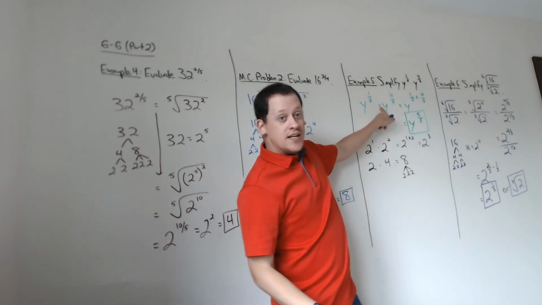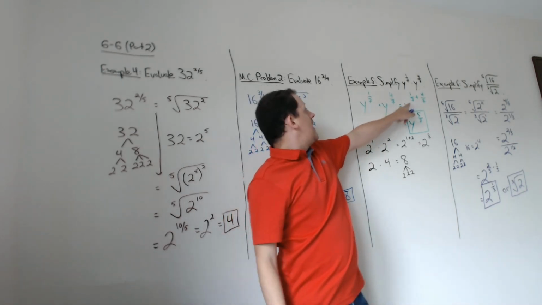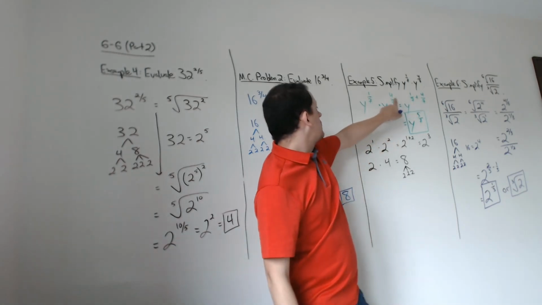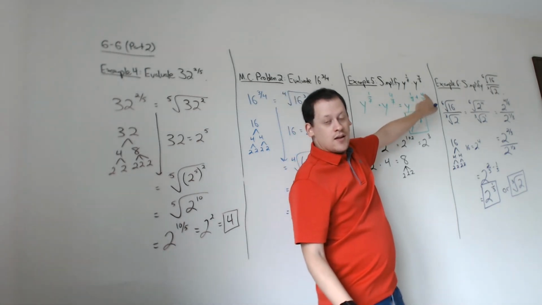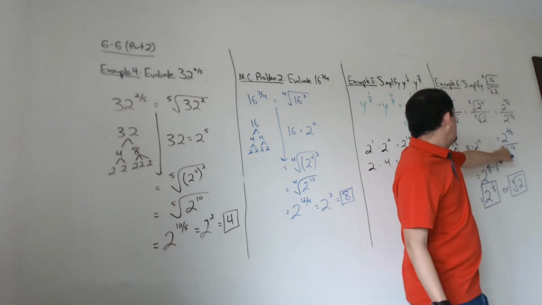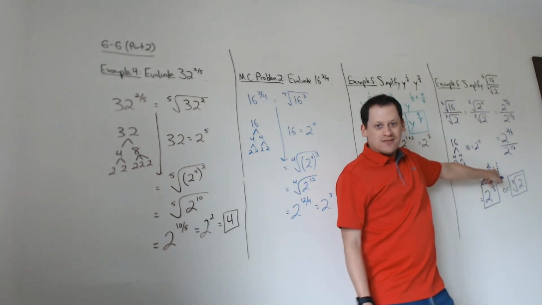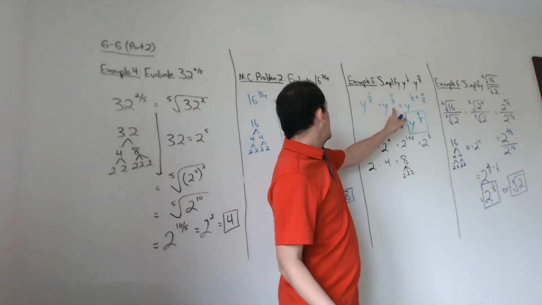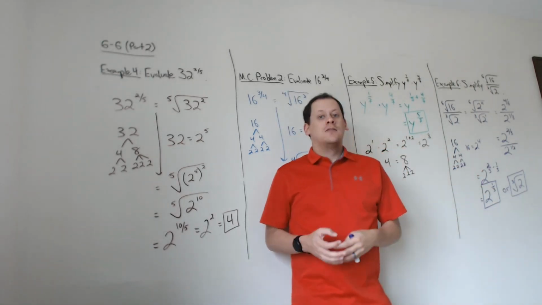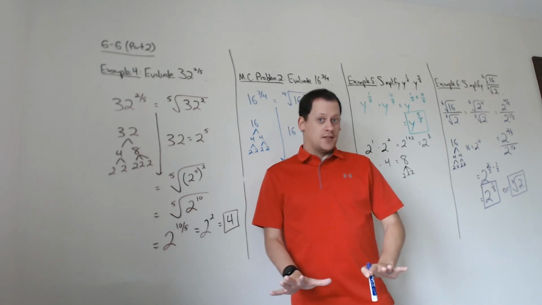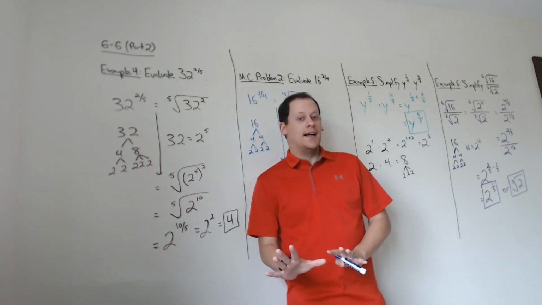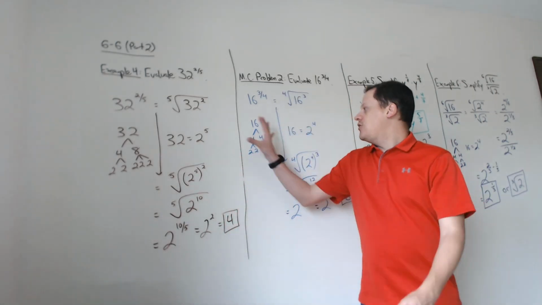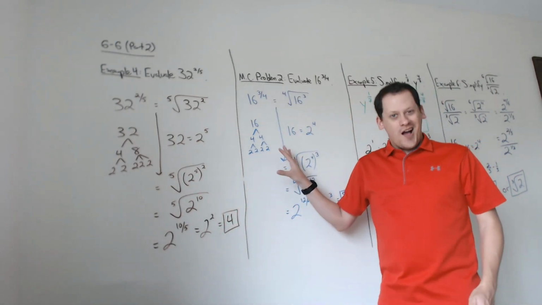If you're multiplying two things that have the same base, add the exponents. Multiplication turns into addition with exponents. And division turns into subtraction of exponents. It only works if you got things with the same base, but in this class, the bases will be the same if you're asked to do something like that. Don't worry about that. Okay? So you did learn a couple new rules. You've got this a little more on lock now.